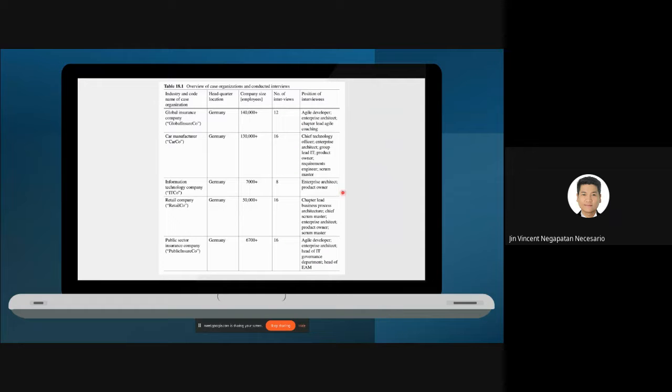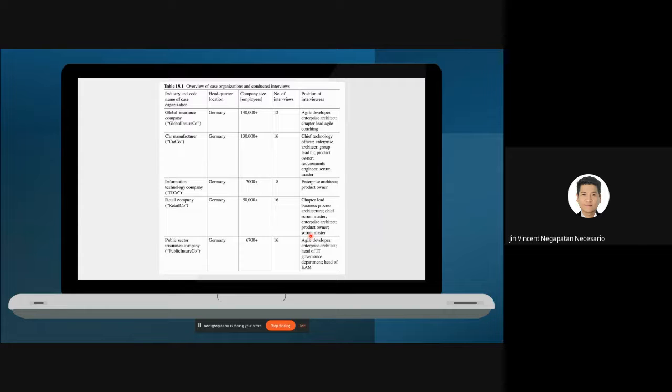So these are the companies that the case study interviewed. These are German companies. They aim to shed light on this field of tension between the enterprise architects and the agile teams. As you can see on the table, they collected data from semi-structured interviews and workshops.